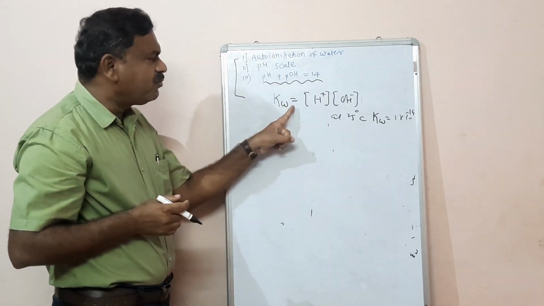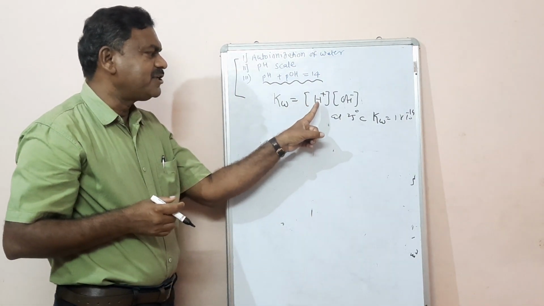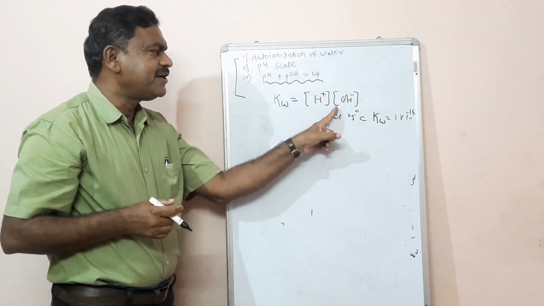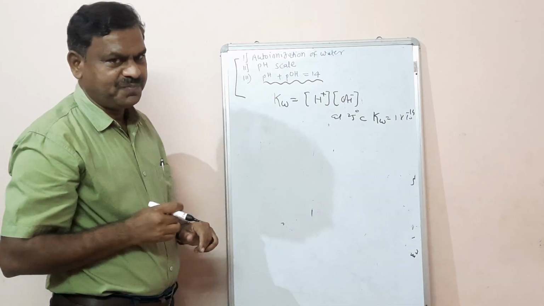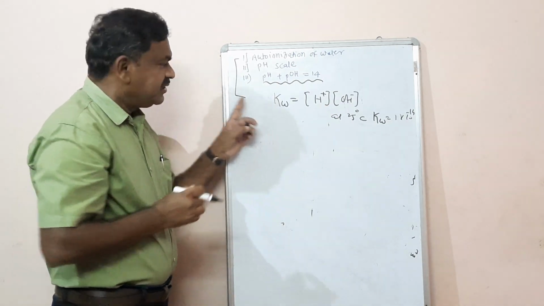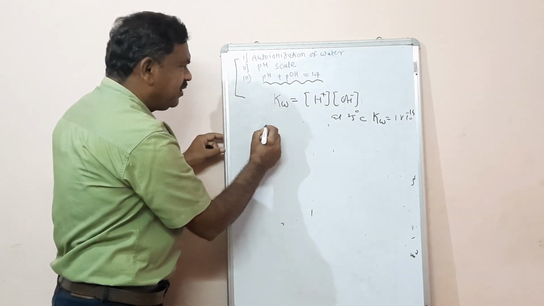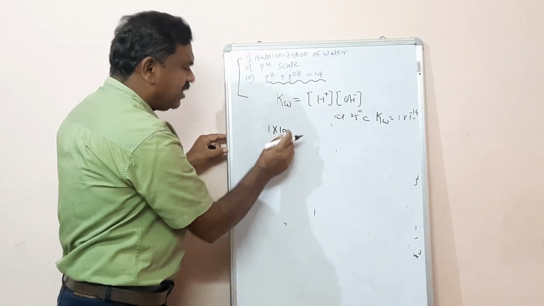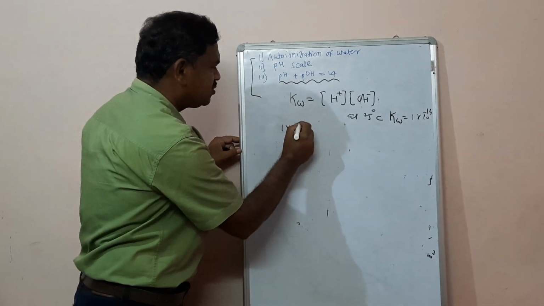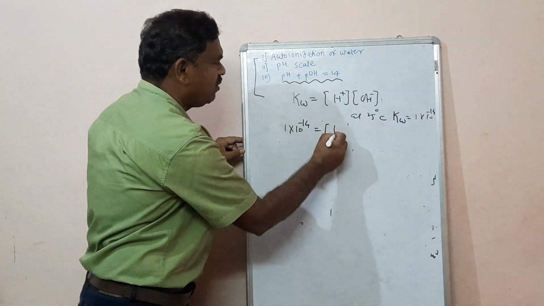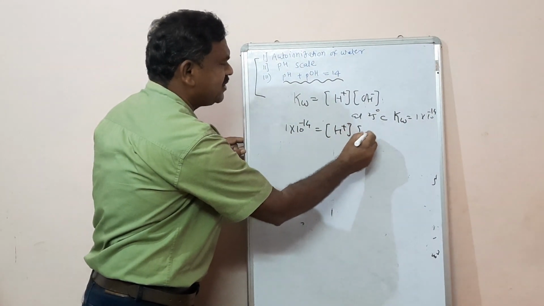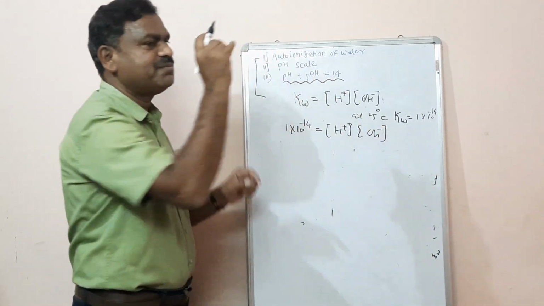Kw equal to molar concentration of H plus into molar concentration of OH minus ions. Now, put the value 1 into 10 raised to minus 14 equal to molar concentration of H plus into molar concentration of OH minus ions.